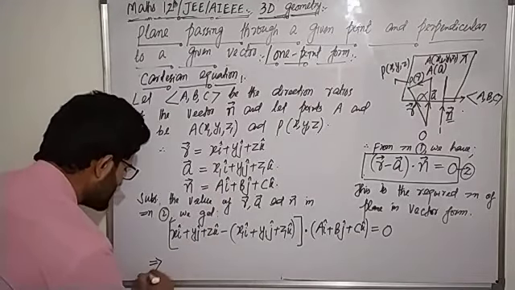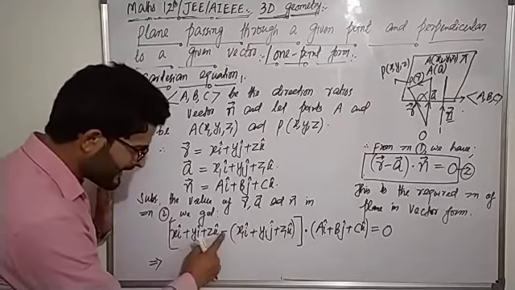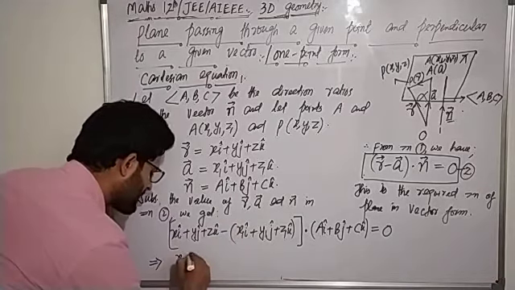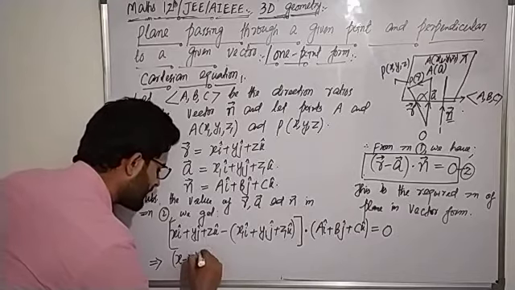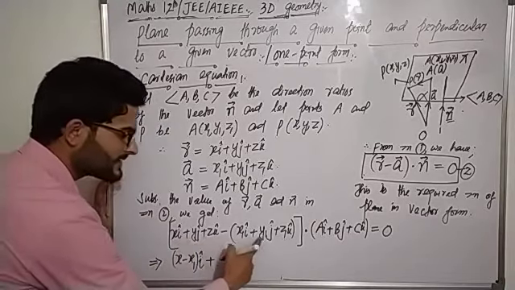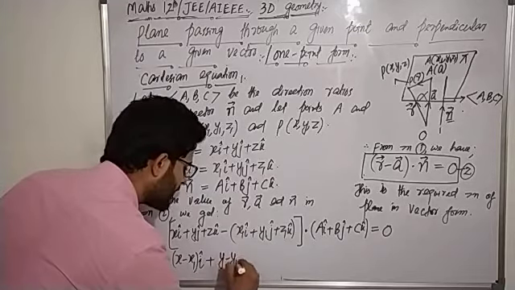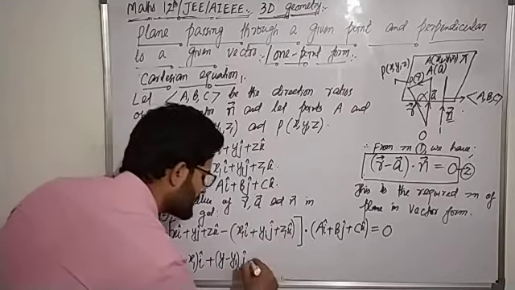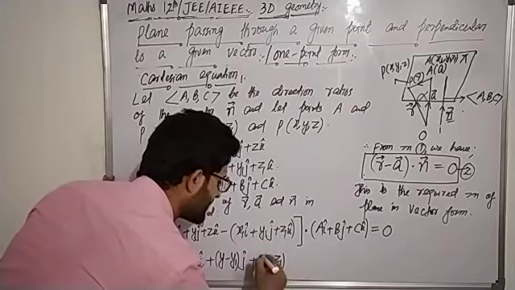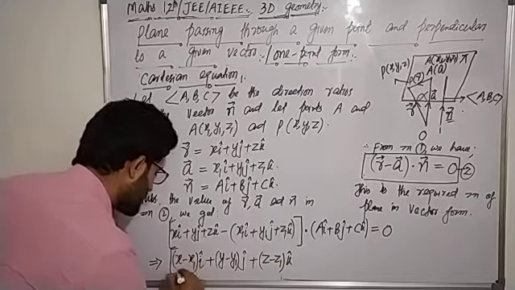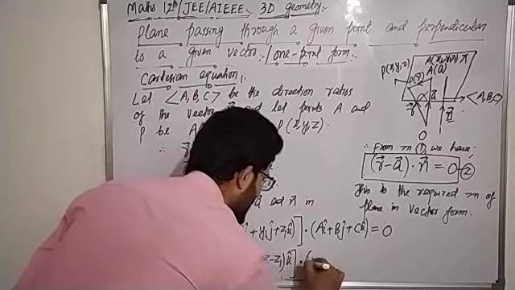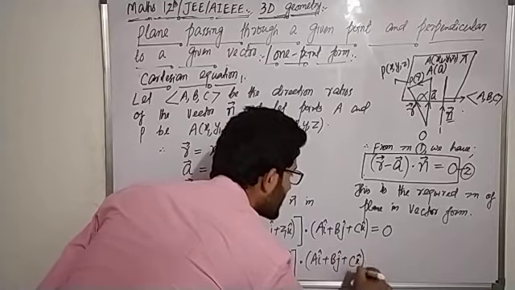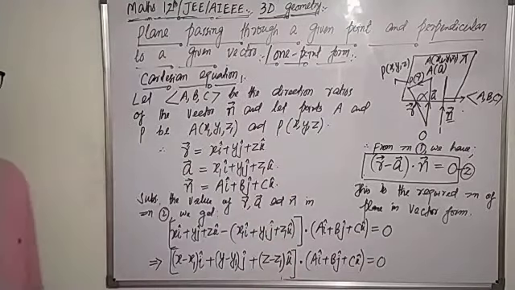This can be written as xi माइनस x1i, i को कॉमन ले लो तो x माइनस x1 इंटू i प्लस y माइनस y1 इंटू j प्लस z माइनस z1 इंटू k। अब यहां से जो वेक्टर आएगा इस वेक्टर का डॉट करना है ai प्लस bj प्लस ck is equal to 0, right?